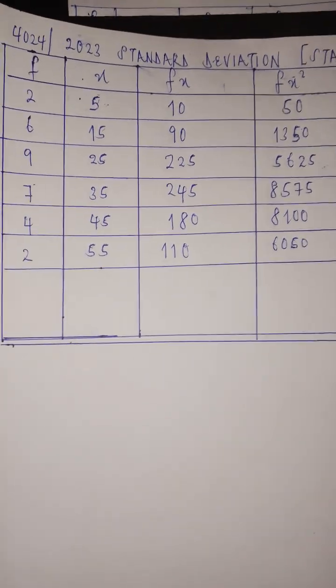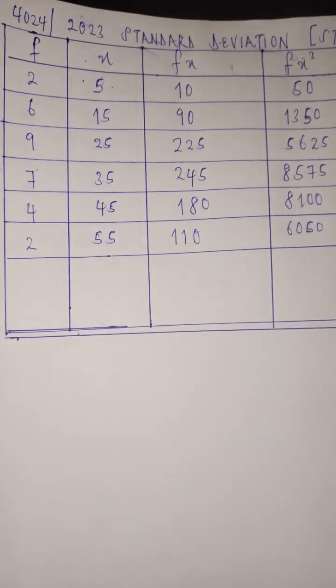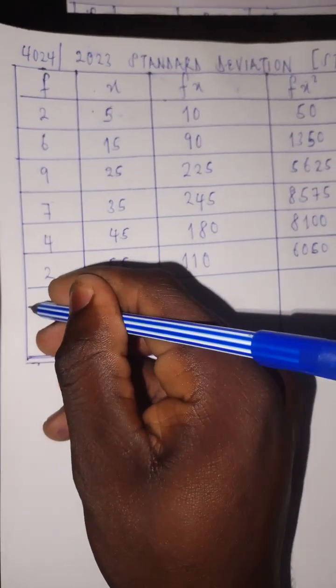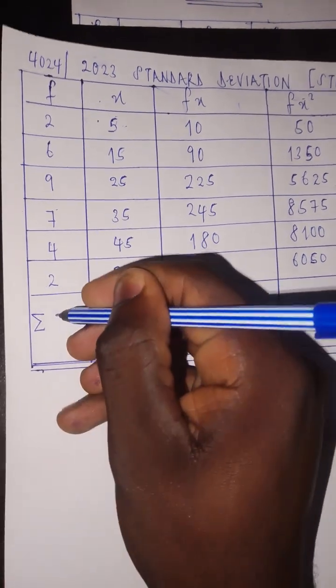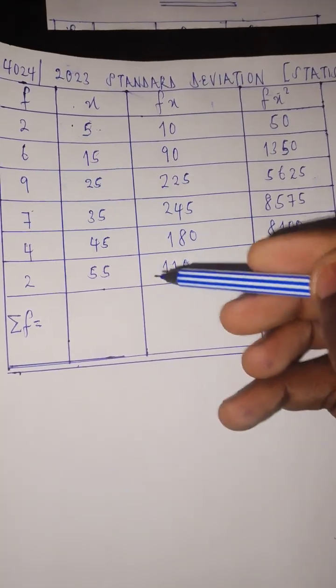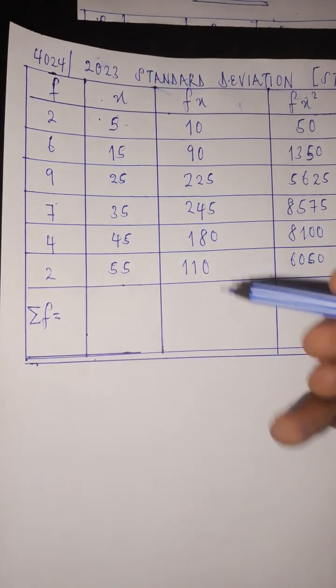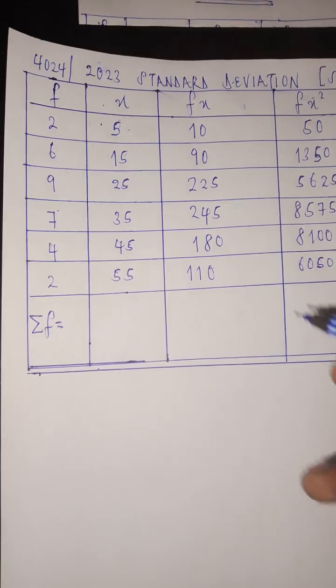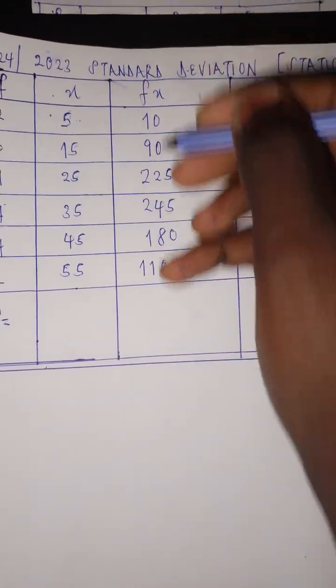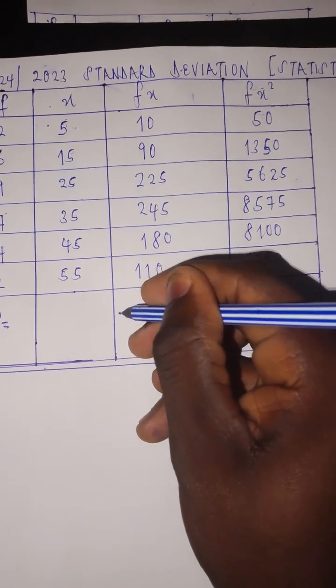Okay. Then the next thing I'm going to do here, I'm going to say summation of the frequency here. I won't add anything in the midpoint because it will not be used anywhere in the formula. So I'm going to go to frequency midpoint and find the sum.